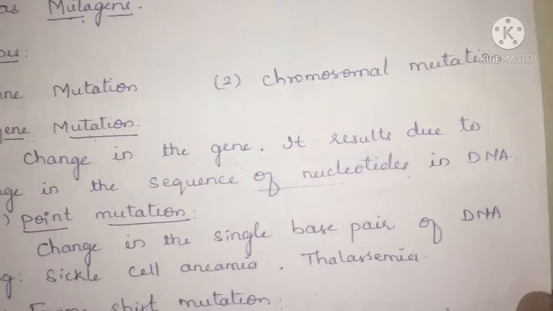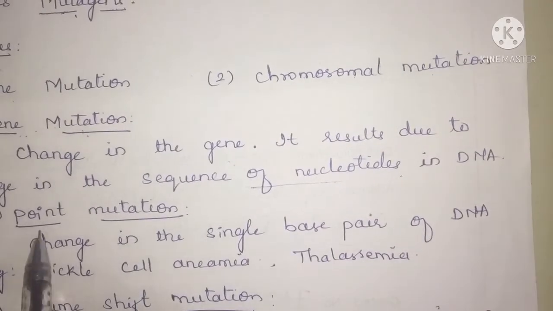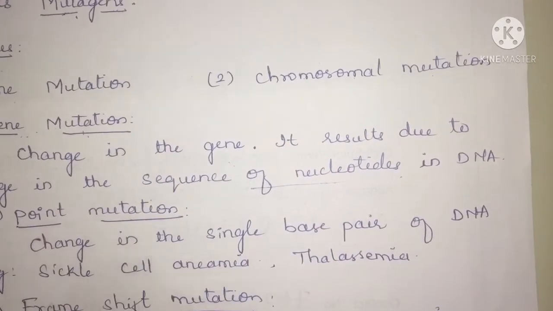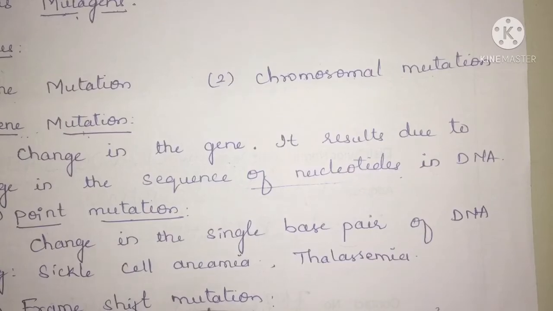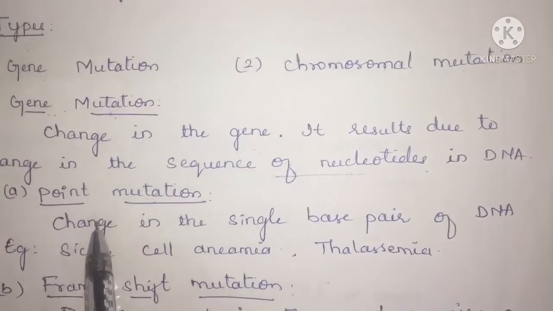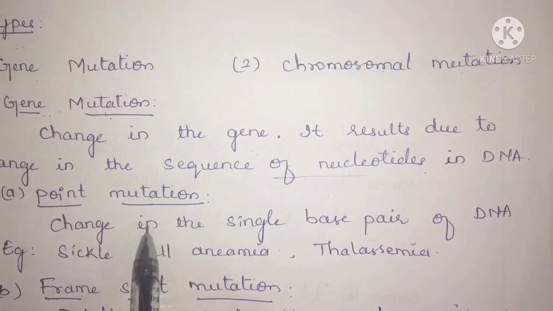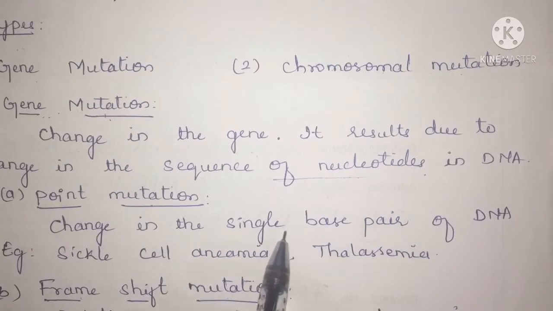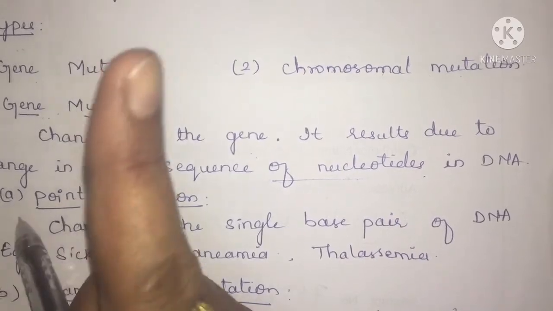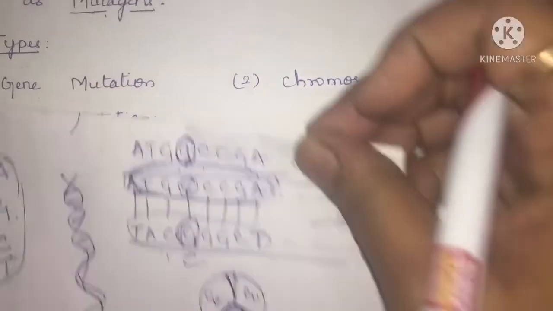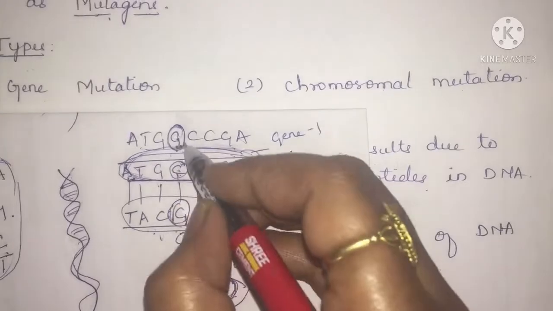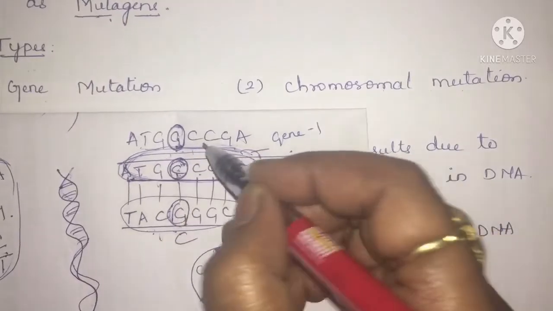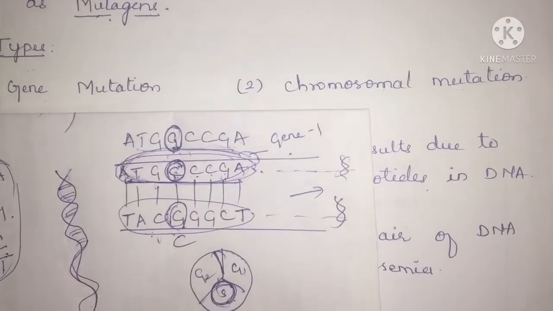Now in gene mutation you have two types. One is point mutation, another one is frame shift mutation. So what is point mutation? Point mutation is nothing but a change in a single base pair of DNA. How many base pairs have been changed here? Only one base pair.